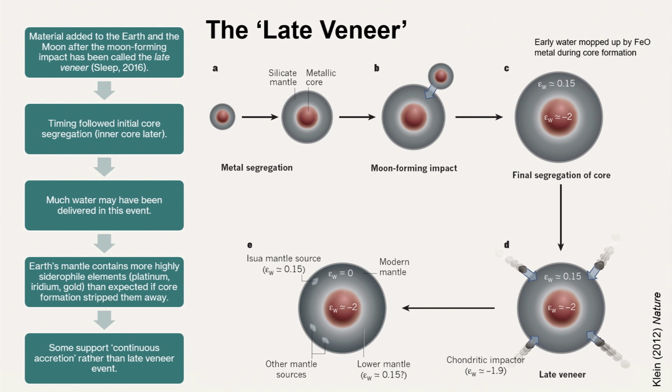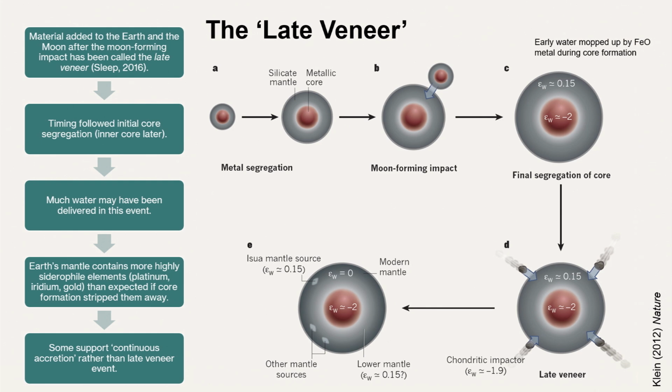So we have more of those in the mantle than expected if they were all sucked into the core when it initially formed. That has led to suggestions that there was a late veneer event, which may have happened between 4 and maybe 3.5 billion years ago, probably even earlier. This late veneer basically dusts the planet with all of these ingredients, including water and maybe some of these amino acids and so on.